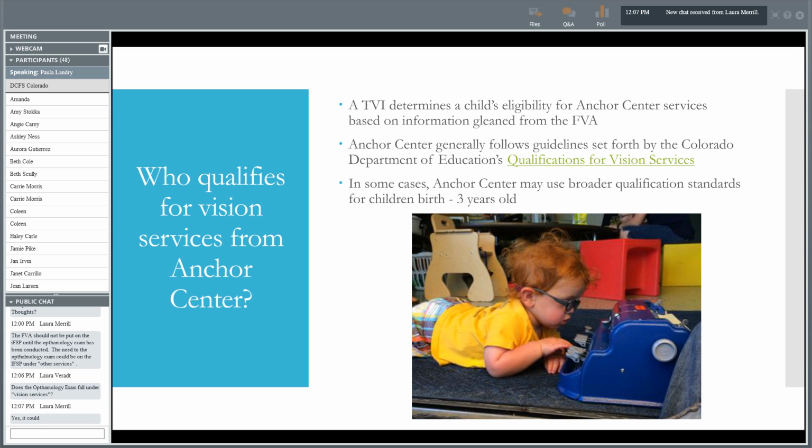They might not need a lot of real regular consistent intervention, but that might be somebody who we really like to check in with just to make sure that they're using both sides of their bodies the same way. And then as they're getting older, teaching some strategies for turning your head to make sure that you can see you're looking on both sides of your body and those types of things. So that would just be an example of somebody that we would see at Anchor Center who may not necessarily fit the definition for visual impairment by the school district standards.